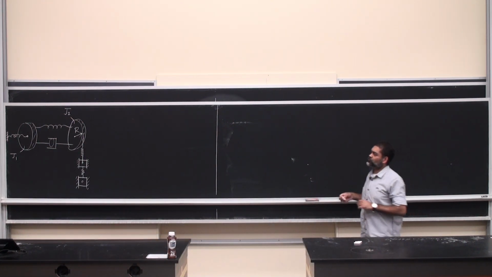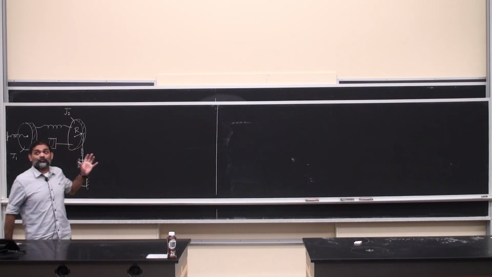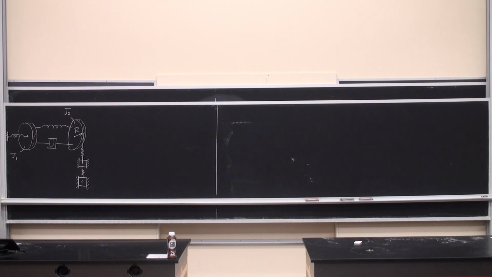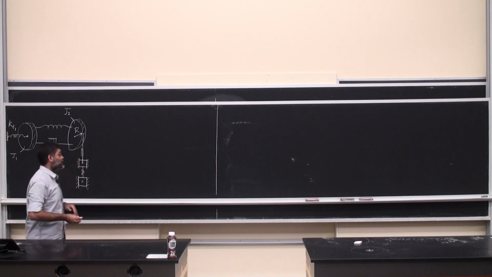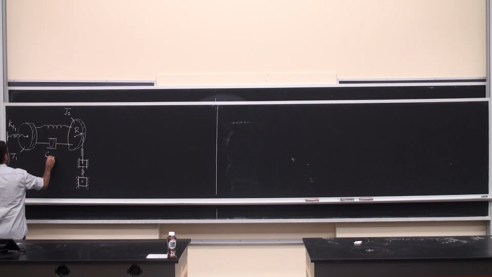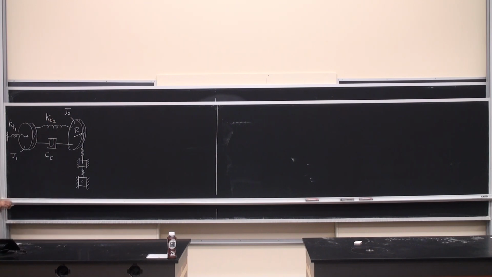So J1 and J2, I have these two disks. The disk on the leftmost end is connected to the wall by means of a torsional spring of stiffness KT1. The second spring, KT2, connects the two inertial elements together, as well as a damping element CT there.